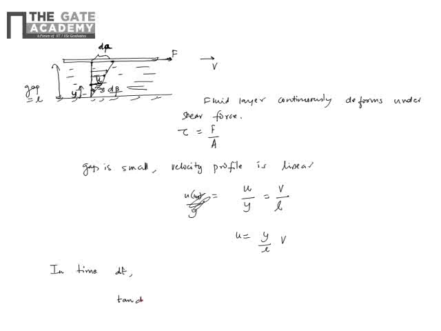So tan of d beta is basically dA by L, assuming a linear profile. Because it has moved by a small angle, tan of d beta is d beta only, since tan of theta equals theta for very small theta.